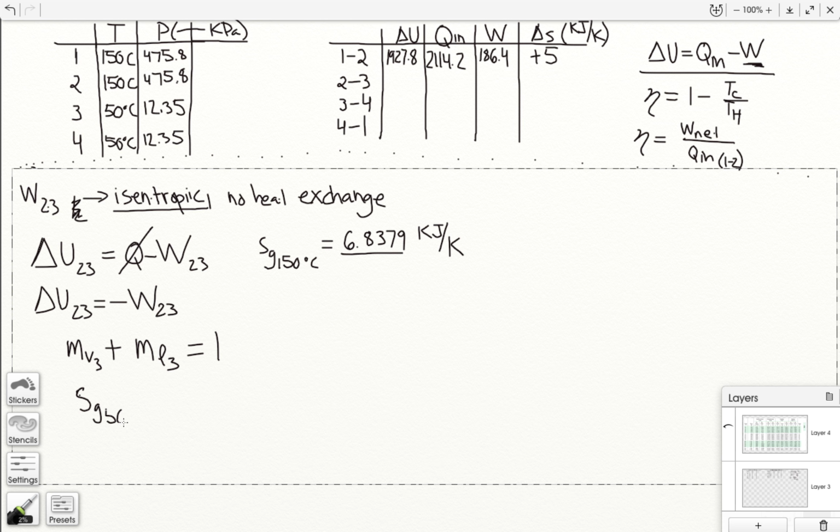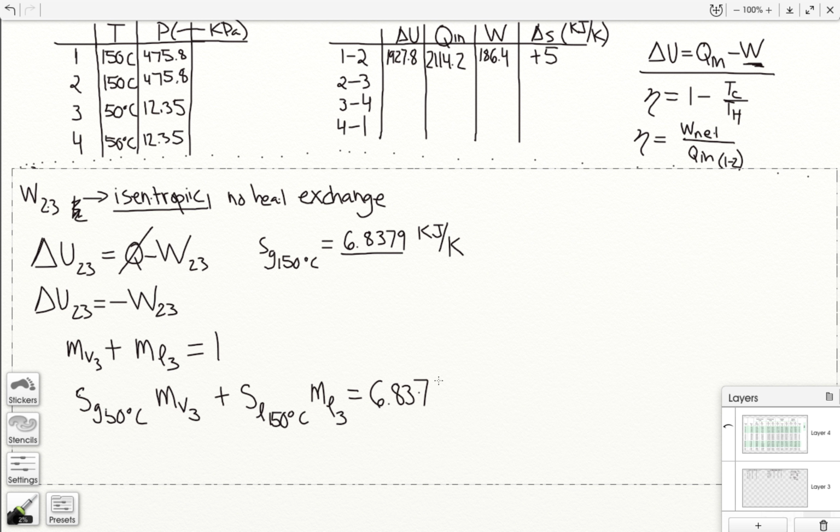50 degrees C times the mass of the vapor at 3 plus entropy of the liquid at 50 degrees C times the mass of the liquid at 3 is going to equal this value, 6.8379. So here I have a system of 2 equations and 2 unknowns.